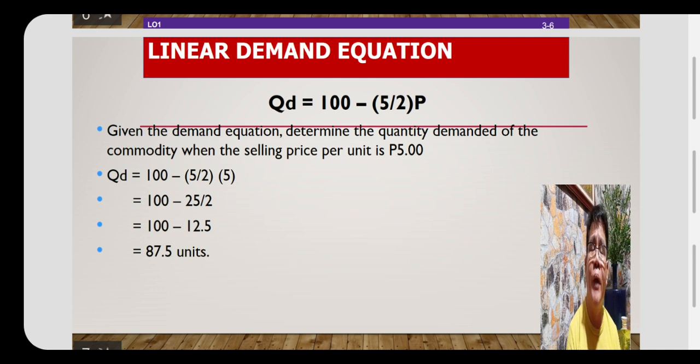Therefore, quantity is equal to 87.5 units. So when the price is 5 pesos, the buyer will buy 87.5 units of the commodity.